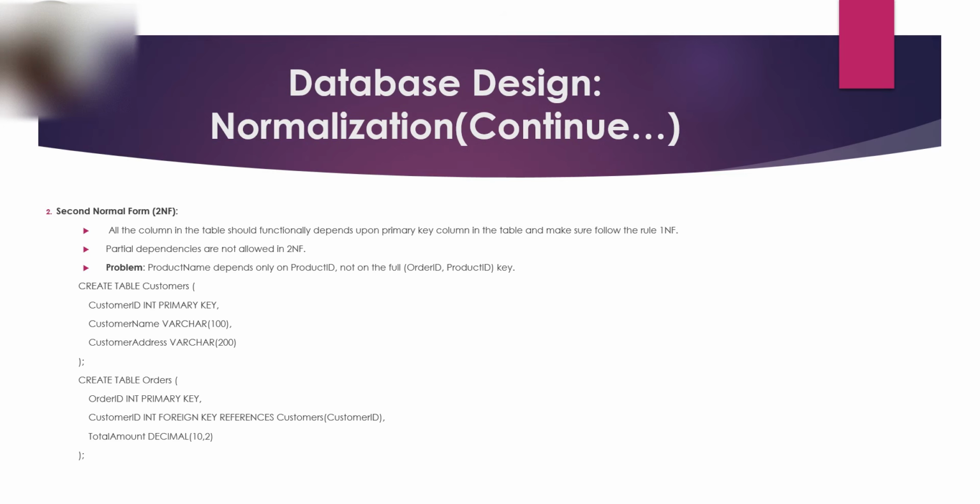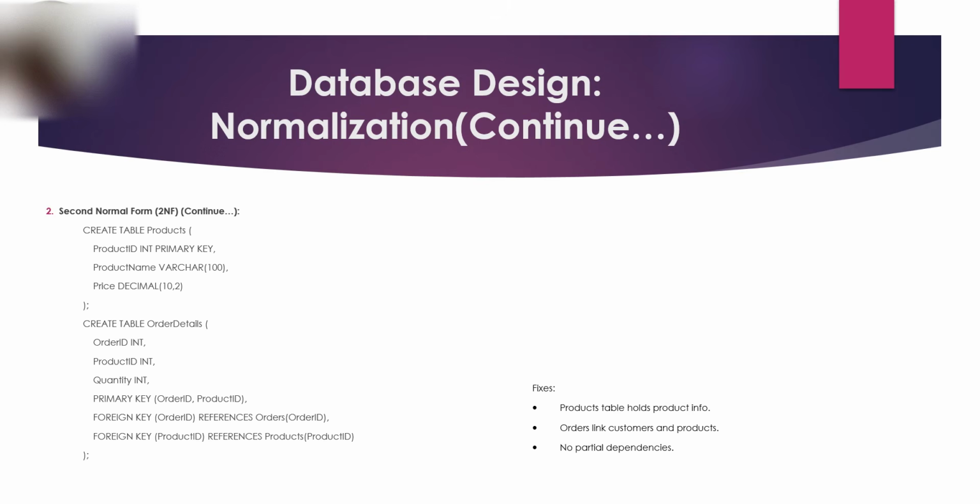So here are the tables: customer table and the orders table. Along with that we have created one table, that is products, with product ID, product name, and price, and also created another table, that is order details.